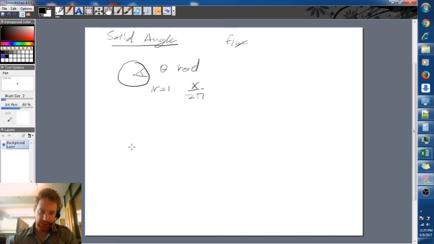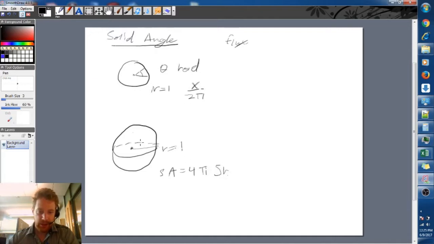If we were to extend this concept to 3 dimensions, the 3-dimensional analog of the unit circle is the unit sphere, with radius equal to 1, and it has a surface area of 4 pi, and the analog unit of radian is steradian, SR. And if we were to subtend out an area, just like we subtend out a length on the unit circle, we have some sort of fraction over 4 pi steradians.